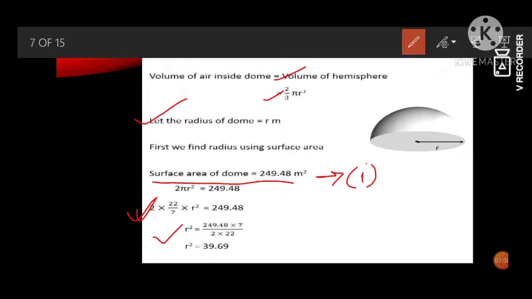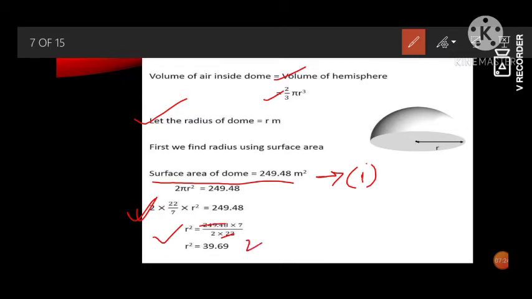On cancellation, you can see that this can be cancelled one time. So let us divide by 2. So 11. Let us cancel with 11.